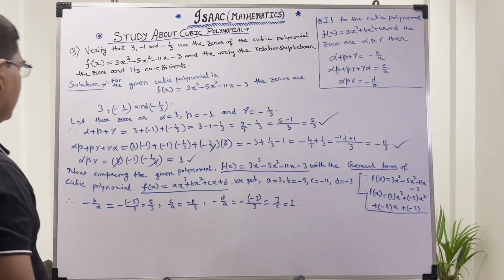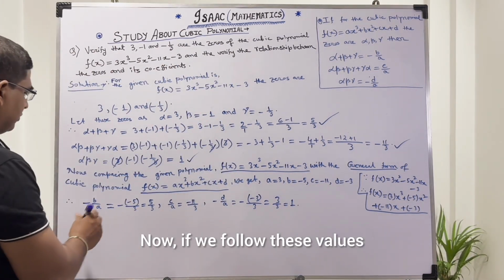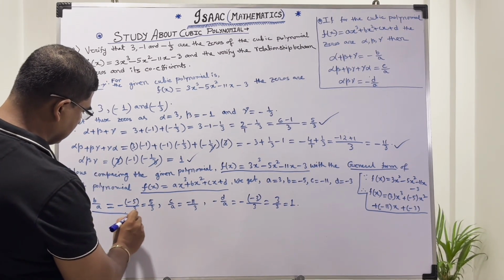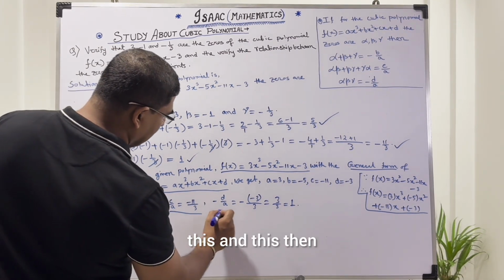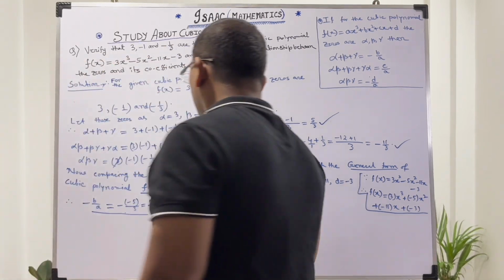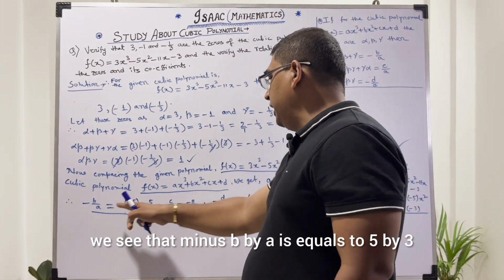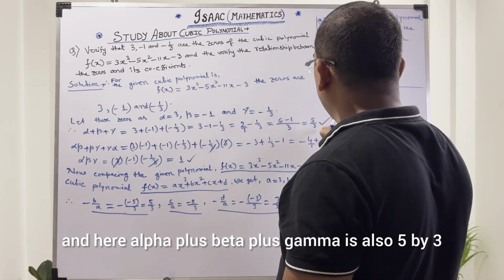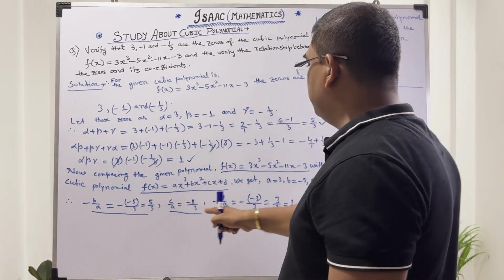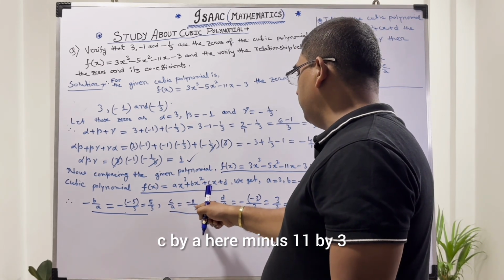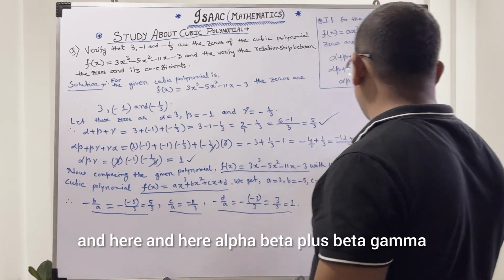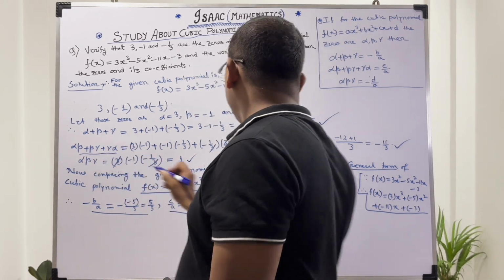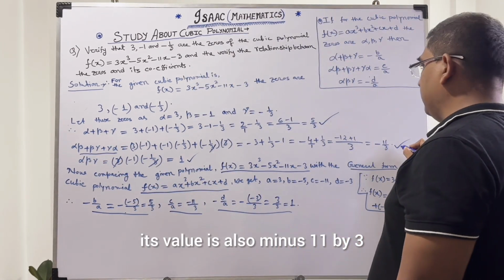Okay. Now if we follow these values, then we see that minus b by a is equals to 5 by 3, and here alpha plus beta plus gamma is also 5 by 3. C by a here is minus 11 by 3, and here alpha beta plus beta gamma plus gamma alpha, its value is also minus 11 by 3.